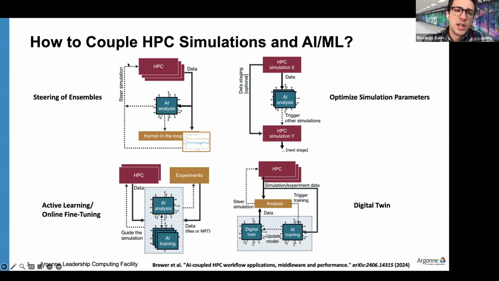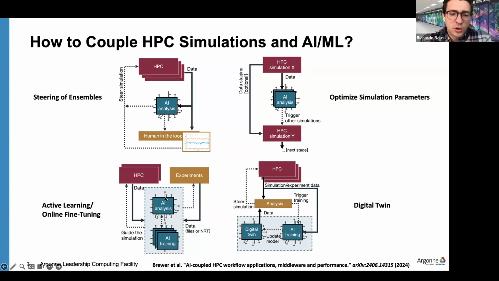So you could think of doing steering of ensembles, where you have a series of HPC simulations producing data, and then some AI analysis or even human-in-the-loop interaction, which then feeds information back to that ensemble of HPC simulations in the form of, say, input parameters or different grid refinement strategies or things like that. You could also optimize simulation parameters by just feeding one HPC simulation into AI inference and then going straight to another simulation.